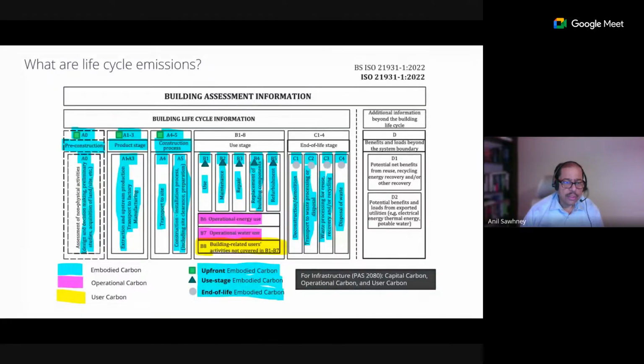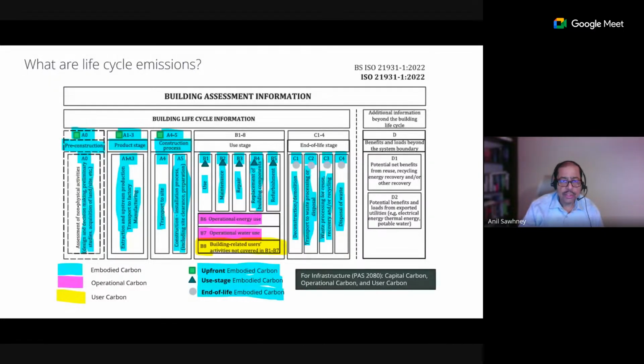C2 is all emissions related to transport to waste processing or disposal. C3 is waste processing for reuse, recovery, and or recycling. C4 is disposal to waste. So all emissions related to disposal of waste are C4.